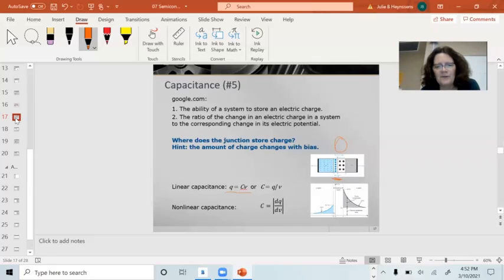If I divide that out, I get C equals Q over V. But the fact that this capacitance changes with voltage means it's a nonlinear capacitor. So I have to go to the more general form of this expression, where instead of Q over V, because Q and V aren't constants, it's the rate of change of charge with respect to voltage, and that can change with voltage.